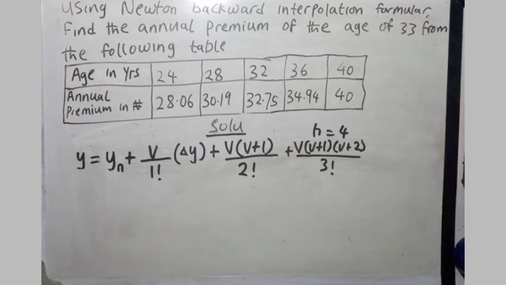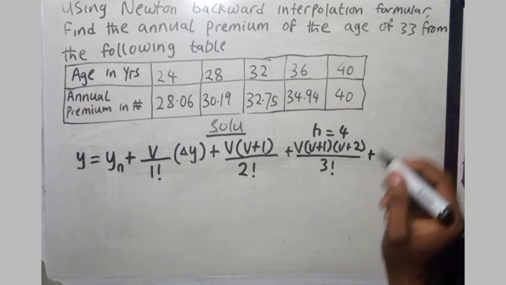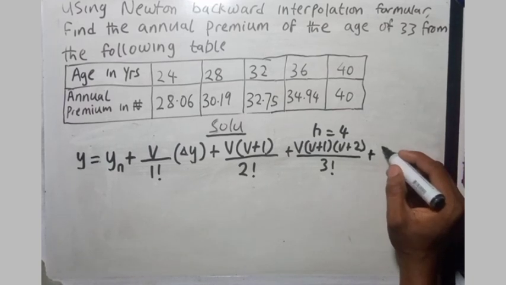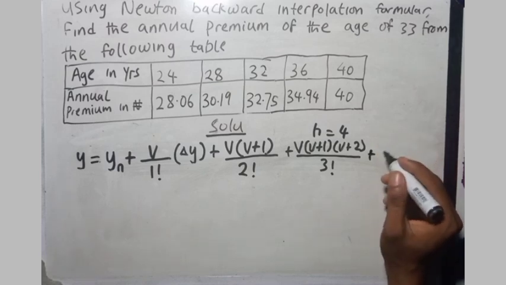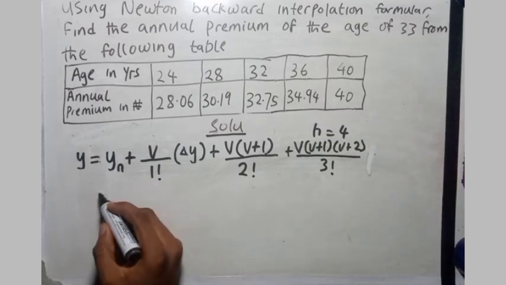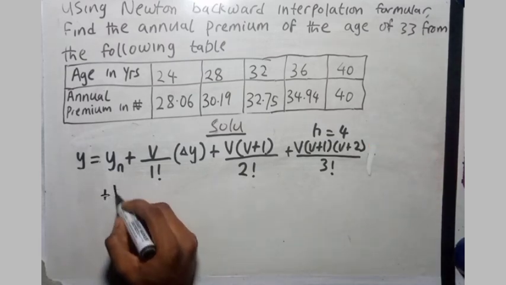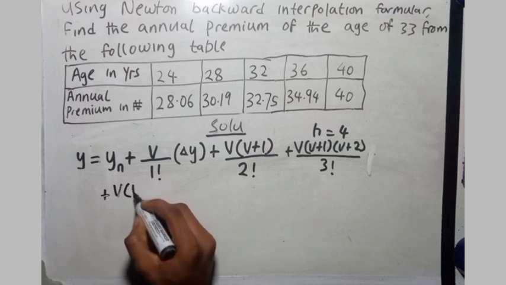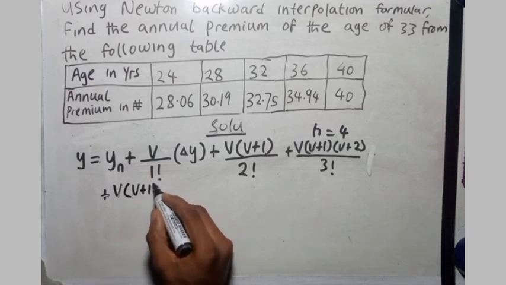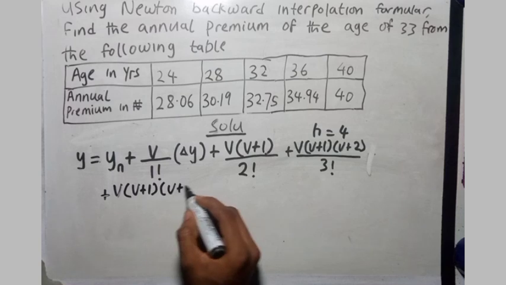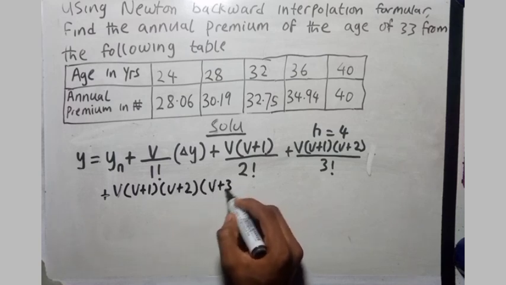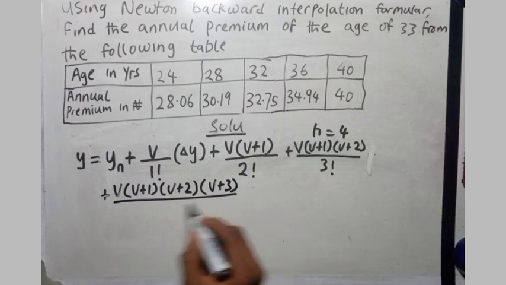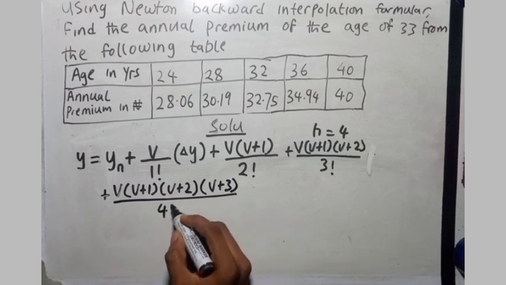Meaning that our fifth addition, which will have 4 factorial, will have 4 multiples. Let me write it down here instead. We'll have v multiplied by v plus 1, v plus 2, v plus 3, all over 4 factorial.